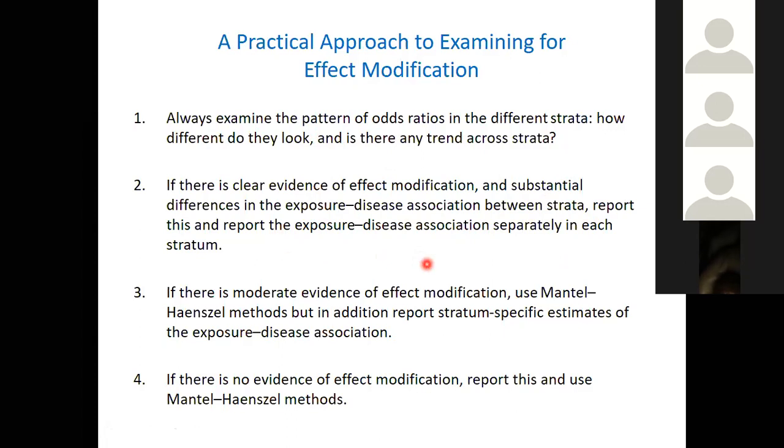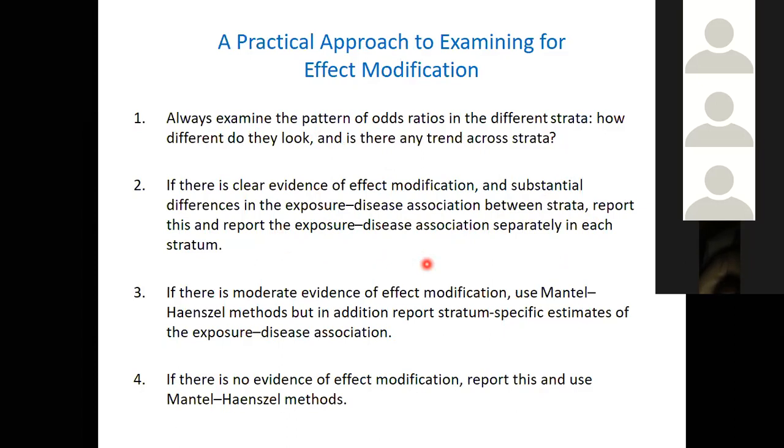So, if there is a difference in their odds ratios, you say there is effect modification and you calculate the different odds ratio for each stratum. If there is moderate evidence of effect modification, use the Mantel-Haenszel method, but in addition, report stratum-specific estimates.